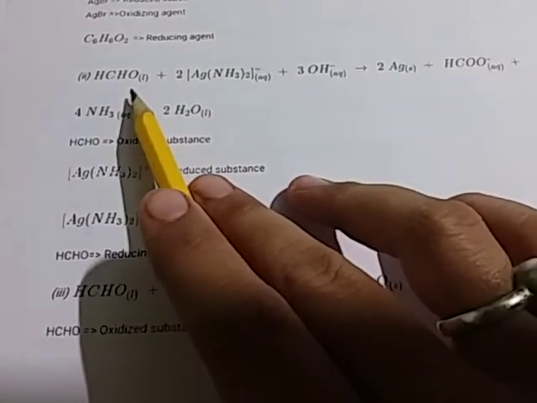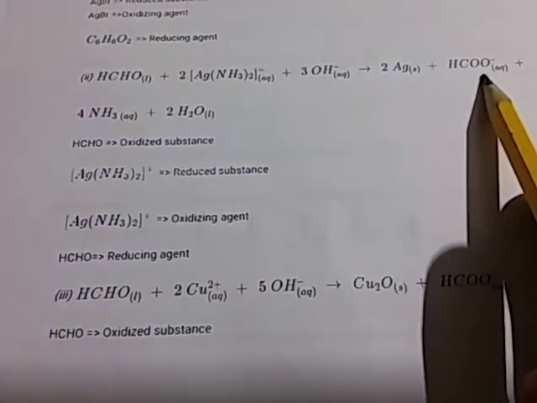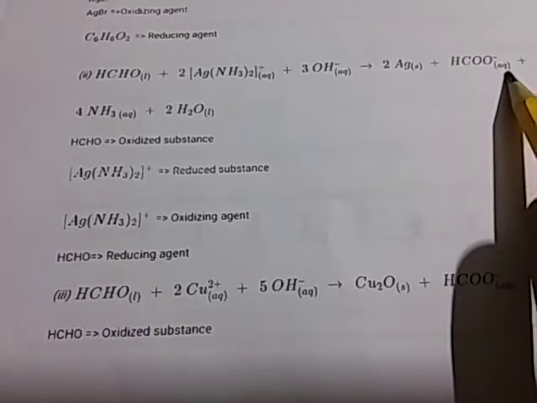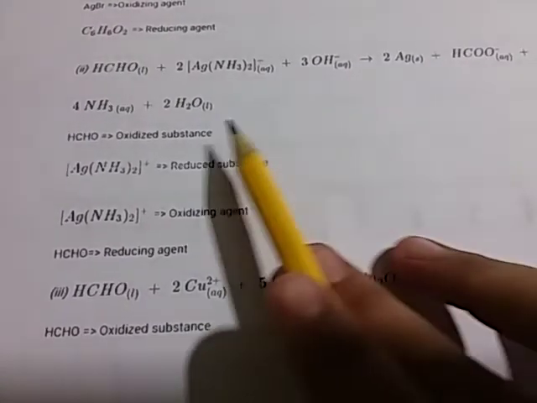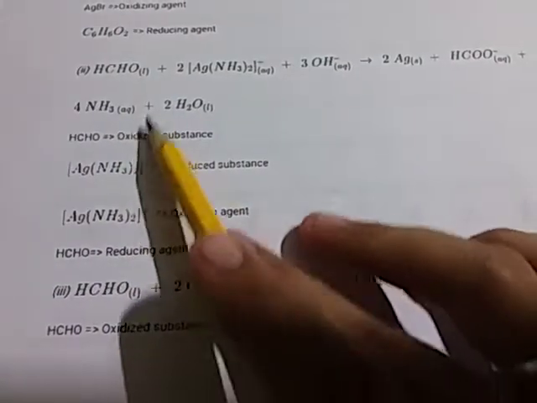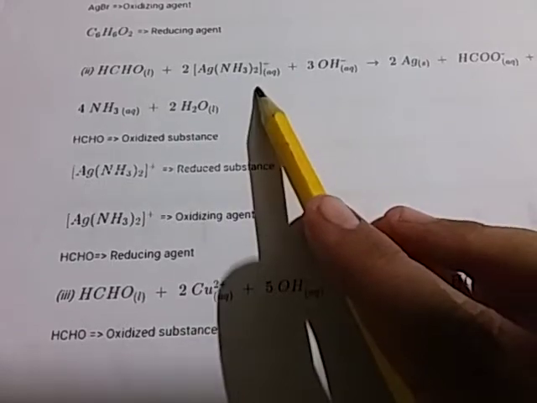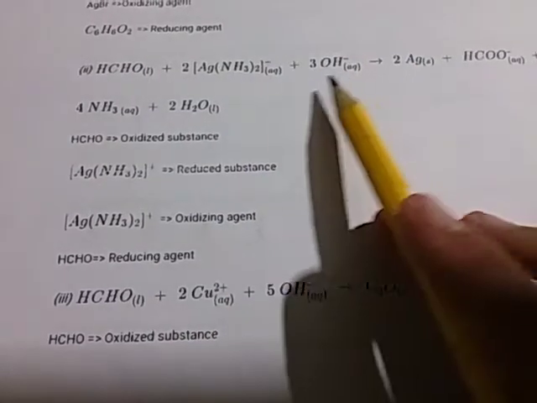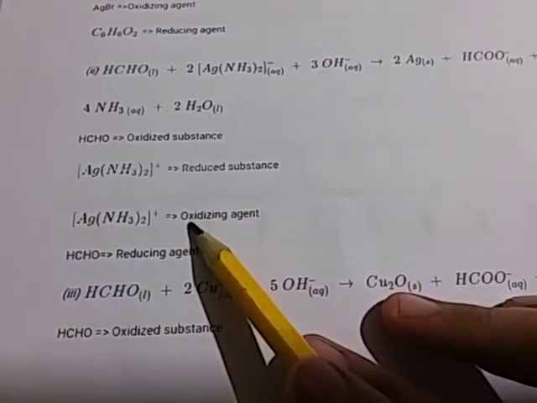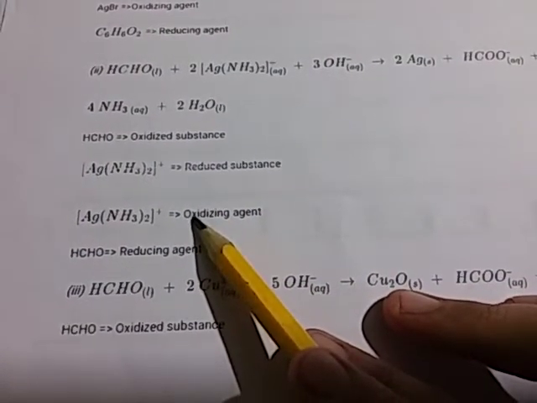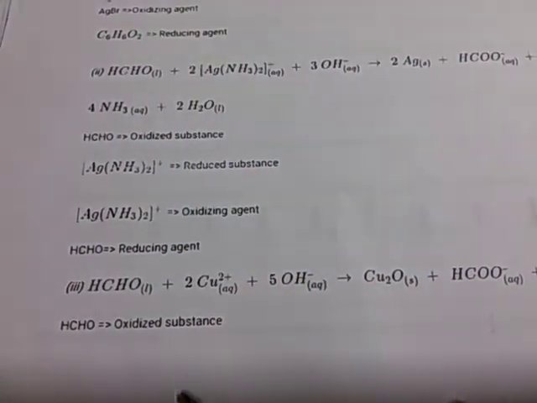Here formaldehyde HCHO converts into HCOO minus, so hydrogen is removed and oxygen is added. It is the oxidized substance because it represents oxidation, and [Ag(NH3)2] plus converts into Ag, so it is the reduced substance and also the oxidizing agent. So HCHO is the reducing agent.